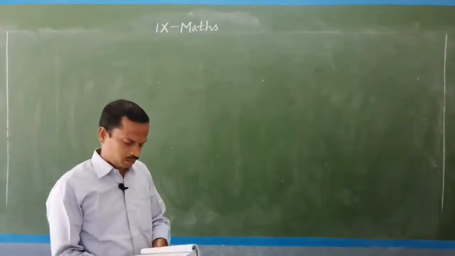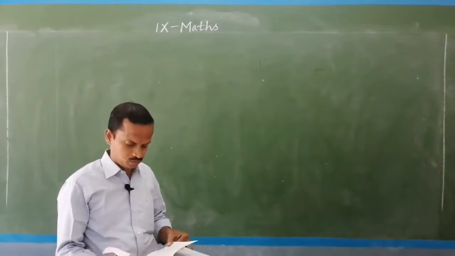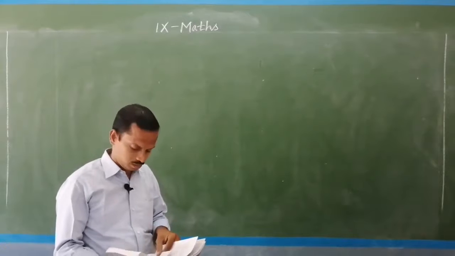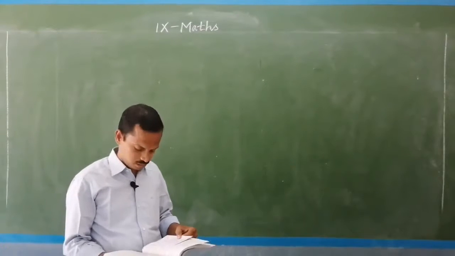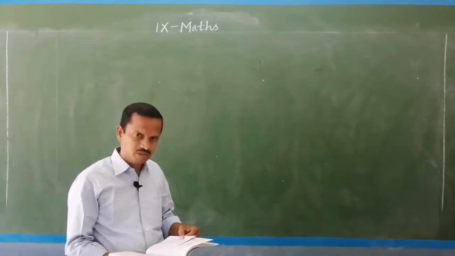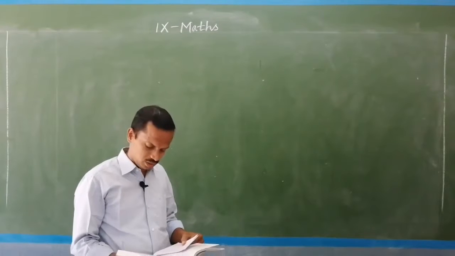And now the last point of the summary points. First of all, you take all those points after writing the chapter name, and the 8th point is nothing but: every point on the graph of a linear equation in two variables is a solution.